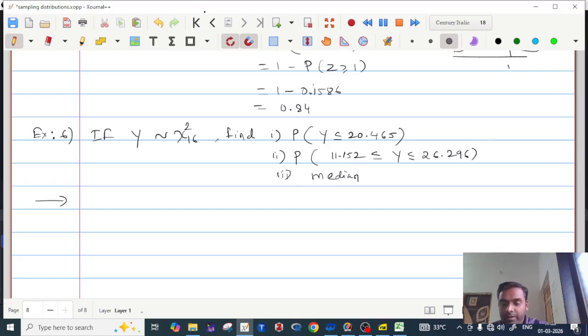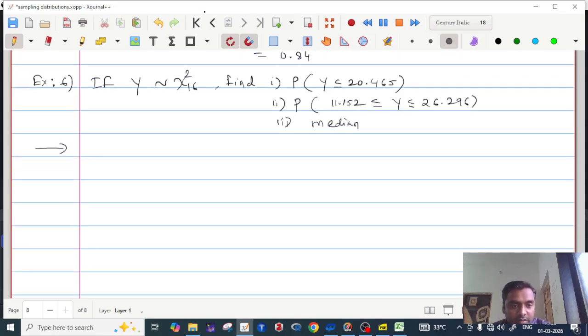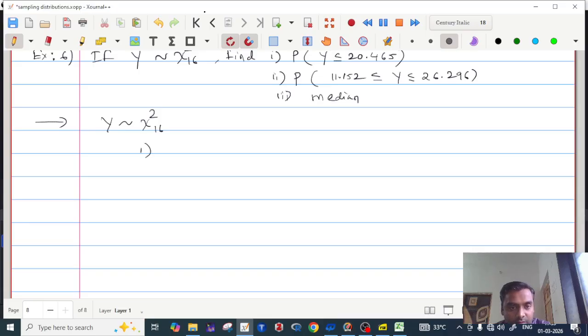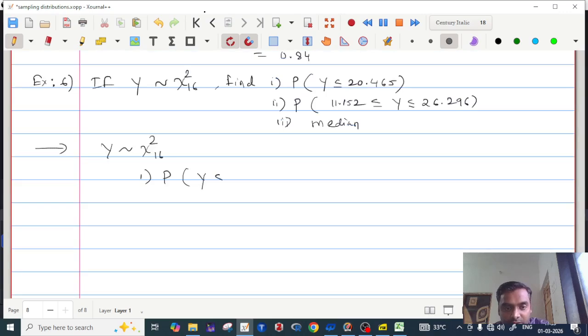Okay, let's see its solution. Y follows chi square with 16. First, the probability of Y less than or equal to 20.465, which equals the probability of chi square 16 less than or equal to 20.465.